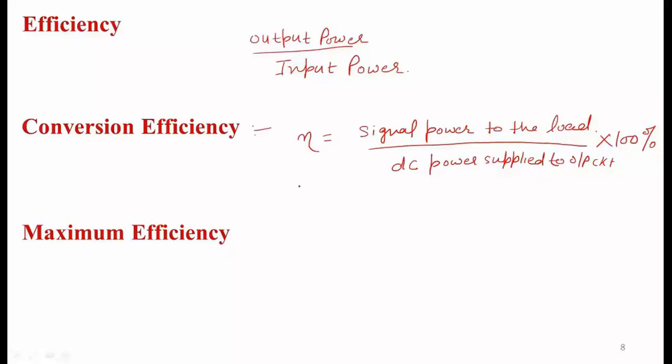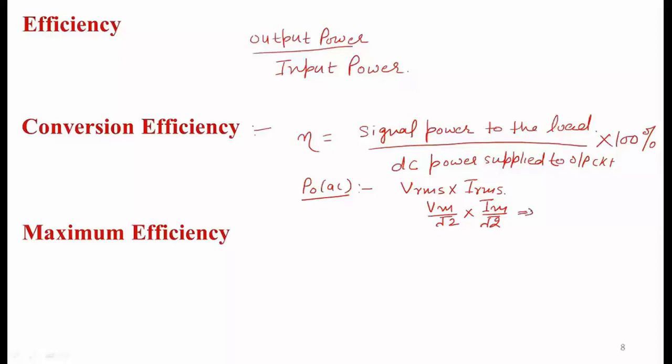Now for this we have to find the AC output power, that is equal to Vrms multiplied by Irms. We know that V into I is power. In the case of AC, it is Vrms into Irms, and we know that Vrms is equal to Vm by root 2, and Irms is Im by root 2, where Vm and Im are the peak values.